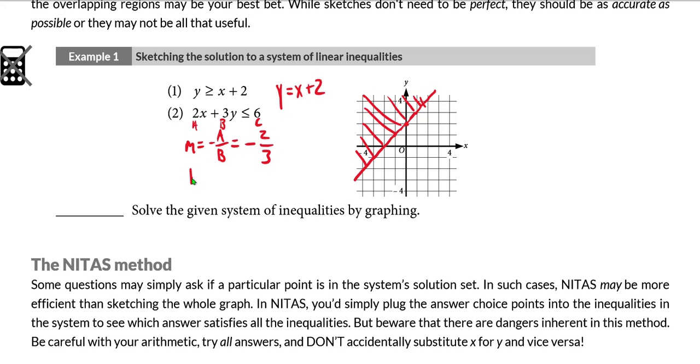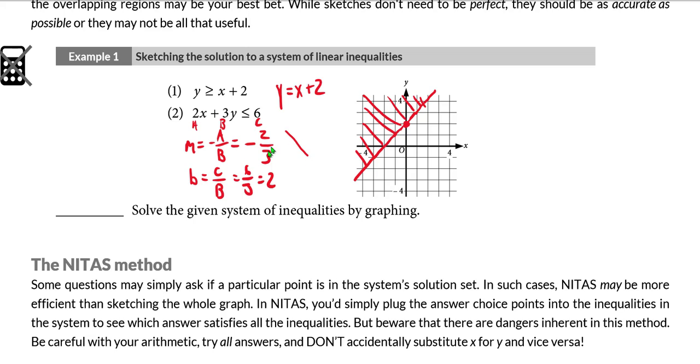My y-intercept is c over b. That is 6 over 3, which of course is 2. So I go right there to 2 again. That's my y-intercept. And now my slope, rise over run, is 2 over 3, but the line is negative. Remember, a negatively sloped line looks like this.